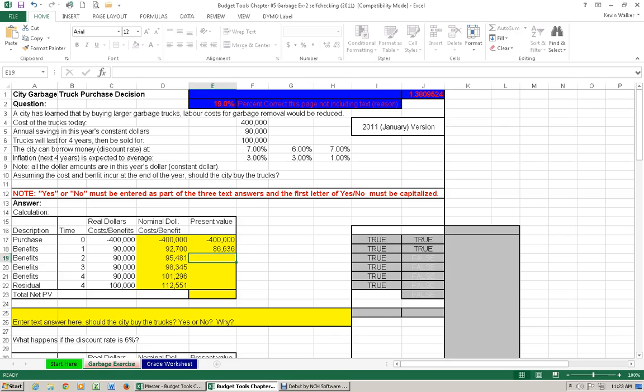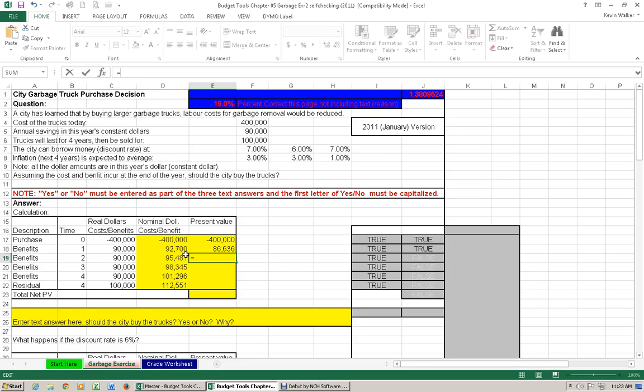All right, now let's do the same thing in the present value. We've got the nominal dollar value. We've dealt with inflation. Now we need to see what this looks like when we figure in the cost of the city borrowing this at a 7% discount rate, which is sort of not bad for a city rate. All right, so we're going to go equals.